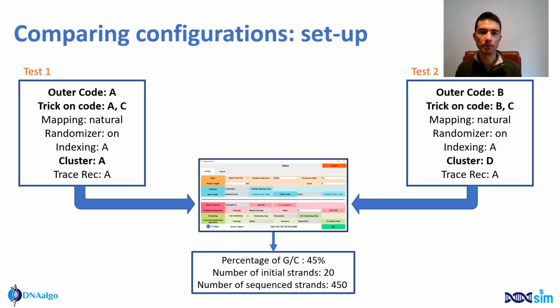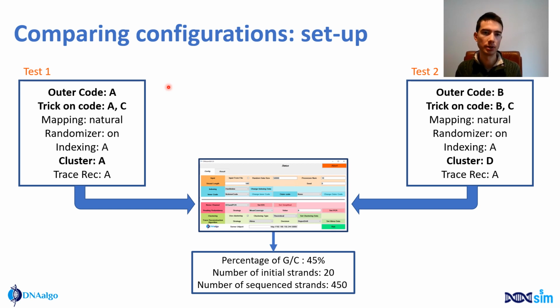So in order to wrap up this introductory presentation, I would like to show you an example of the strength of our simulator. So let us assume that we want to perform two tests, number one and number two, with different parameters in order to see which is the most efficient for our aims.